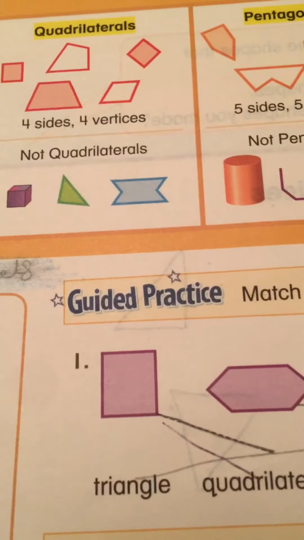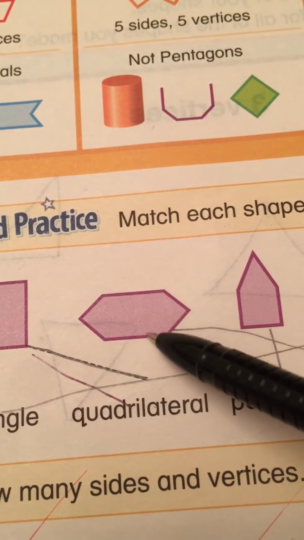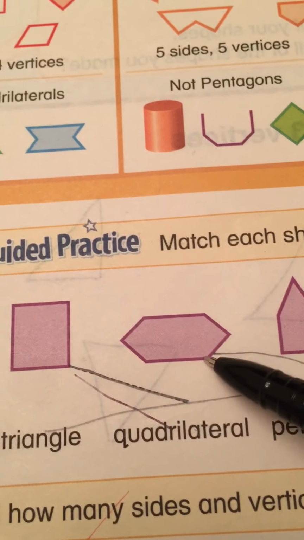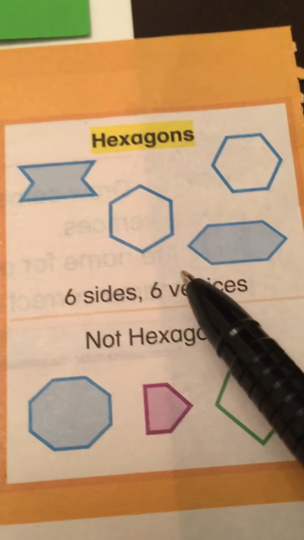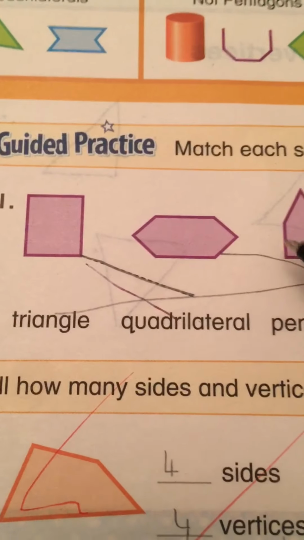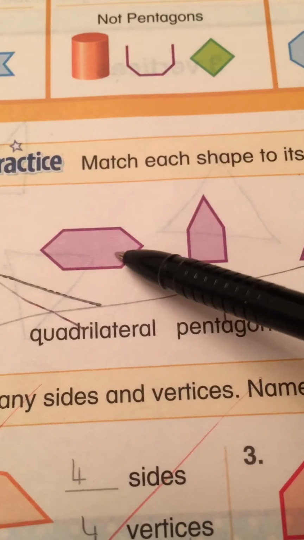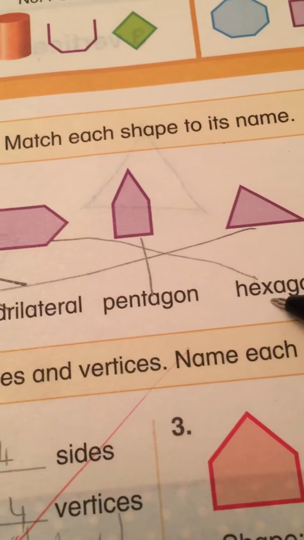And then look at this one. It has 6 sides and 6 vertices. And we already said that 6 sides and 6 vertices is the hexagon. Then we will find the hexagon here, and we will connect this one with this shape. So this is the hexagon.